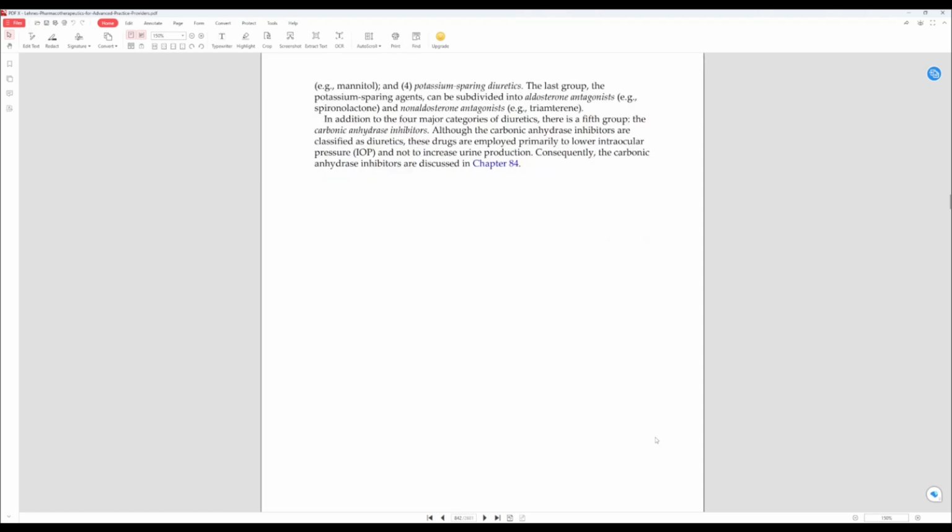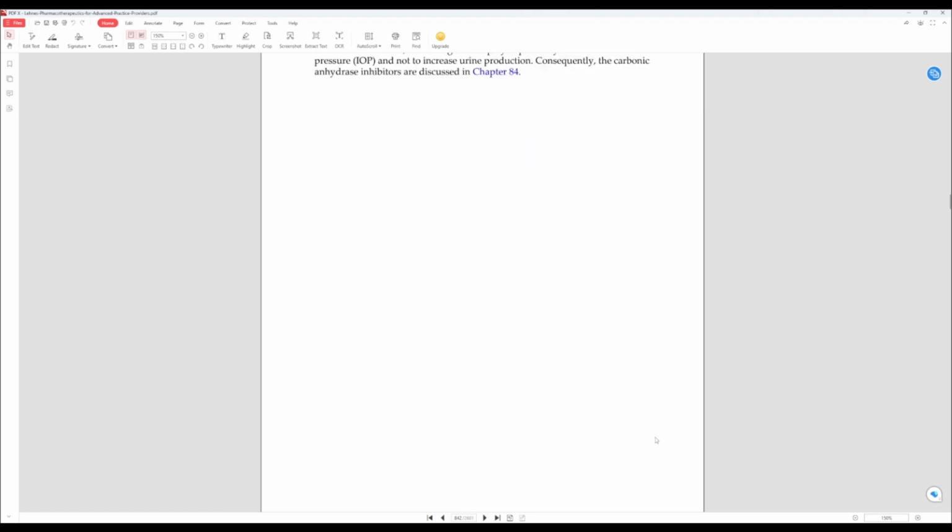In addition to the four major categories, there is a fifth group, the carbonic anhydrase inhibitors. Although they are classified as diuretics, these drugs are employed primarily to lower intraocular pressure and not to increase urine production. Consequently, the carbonic anhydrase inhibitors will be discussed in Chapter 84.